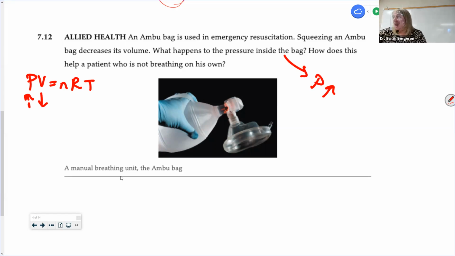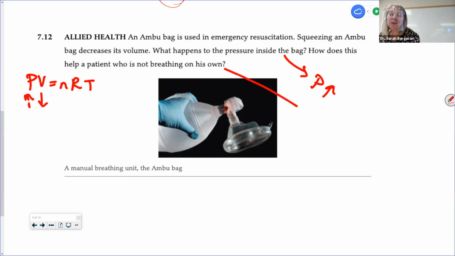How does this help a patient who's not breathing on their own? It pushes the air into the patient's lungs and inflates the patient's lungs. That's exactly right. So there are lots of applications of gas laws in the medical field. This is only one of them.